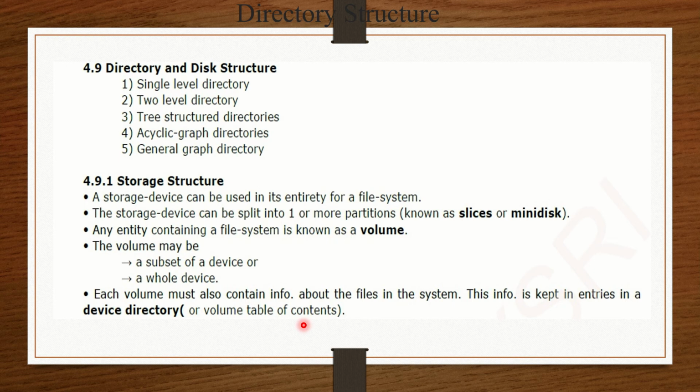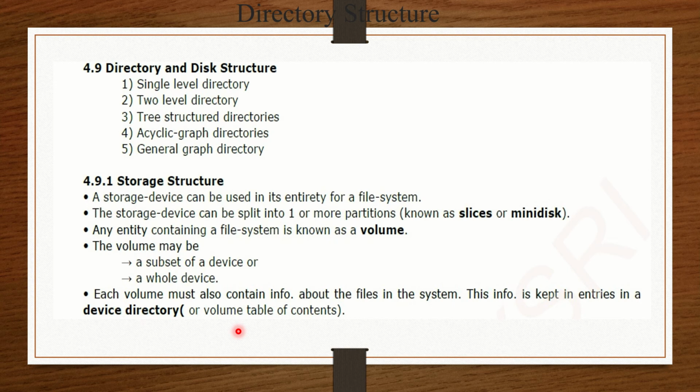That information is nothing but the attributes of the file. What are the attributes of a file? We discussed in the last video: its name, its size, its mode of operation, and all its attributes. That information about the file is kept in a directory called the device directory, or in other words, a volume table of contents.